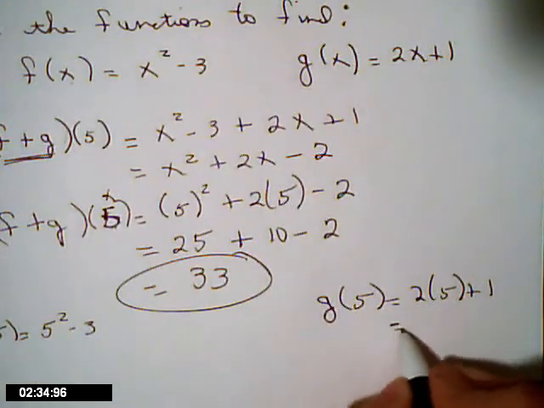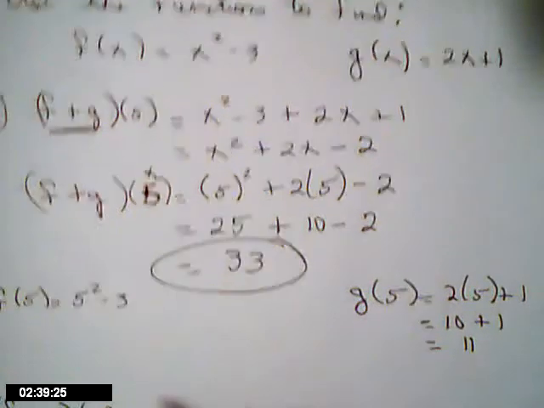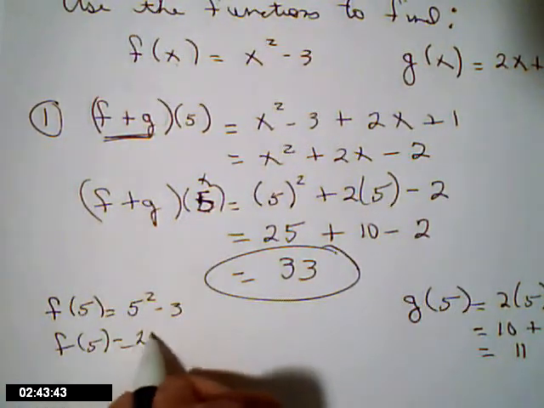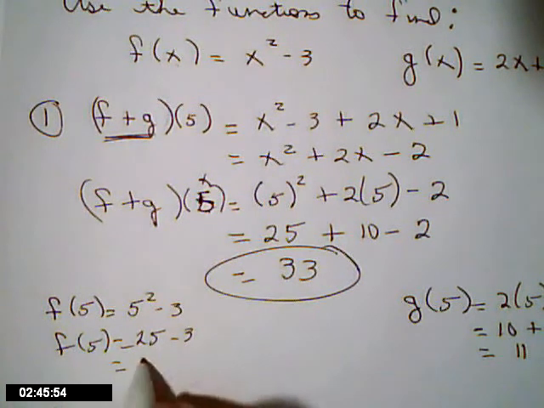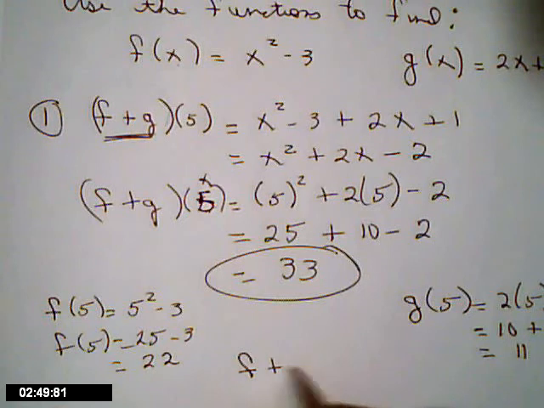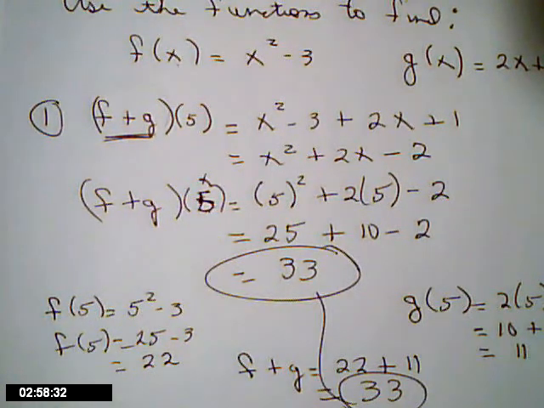And if you do your multiplication here, g of 5 would be 11, and f of 5 would be 25 minus 3, or 22. And then if you add f plus g, that would be 22 plus 11, which would be 33. Now notice your answer is the same either way. So you take a choice here on which way you want to work this.